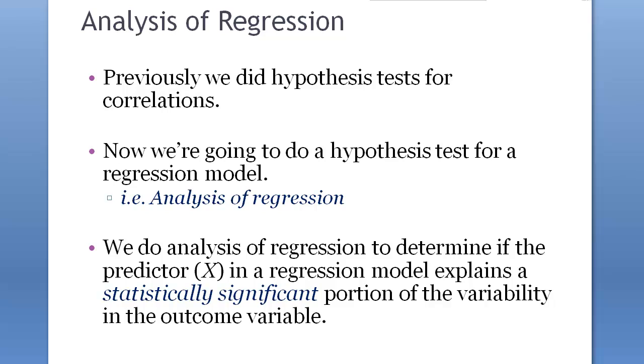In this example, you get statistical reports like this regression model explains 45%, or this regression model explains 60%. Then we need to determine if those numbers, 50%, 45%, 60%, are actually explaining a statistically significant portion.